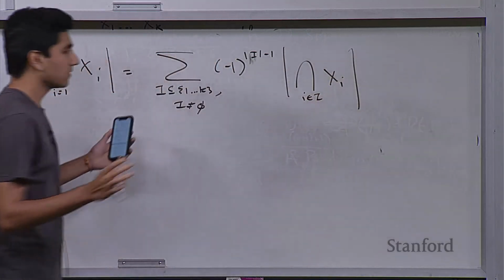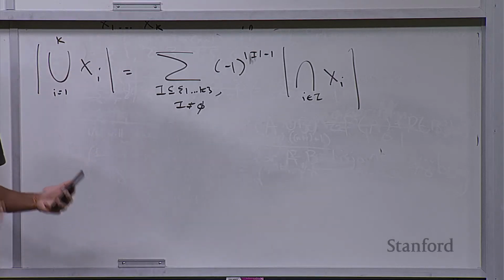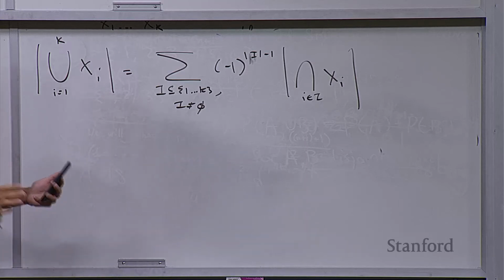So this looks pretty scary. We started off with that and we somehow ended up here. It's definitely non-trivial to get this from this. This is also in the notes, so if you don't understand it immediately, there's a little bit more intuition of how we get here from here.